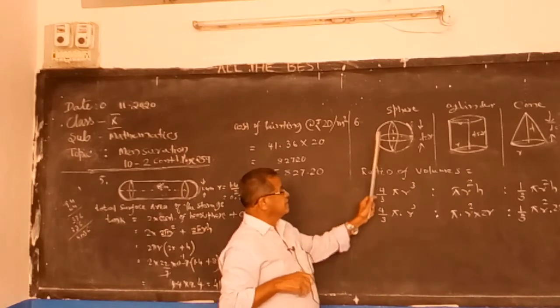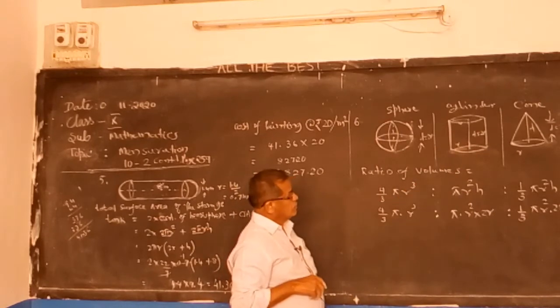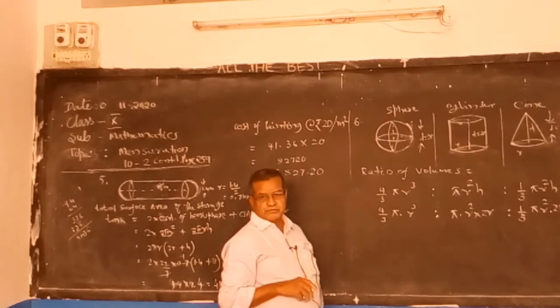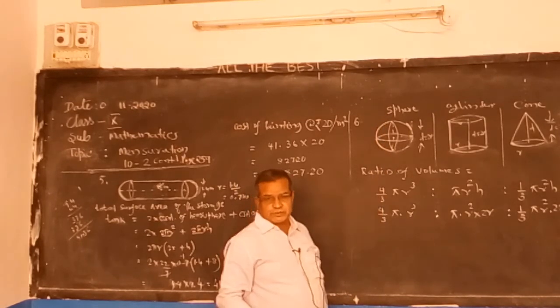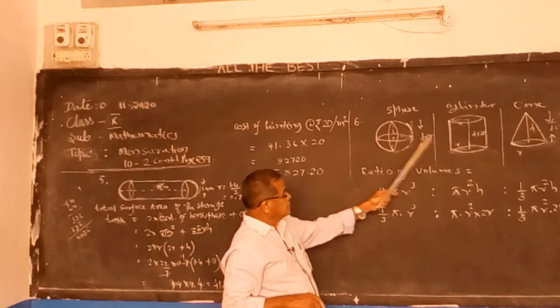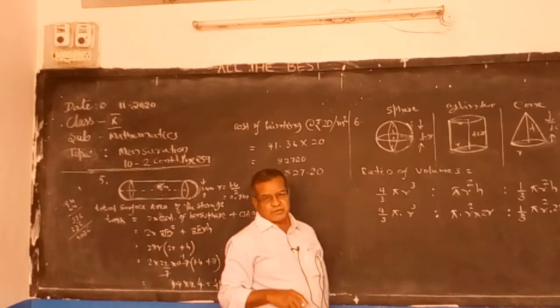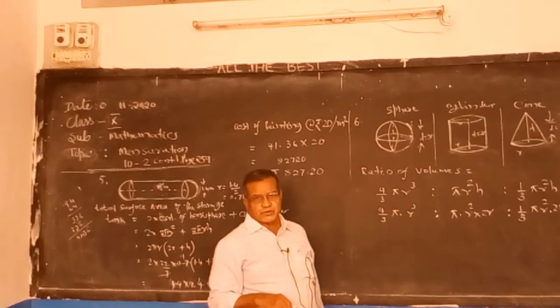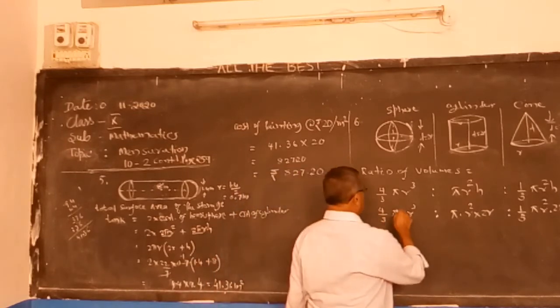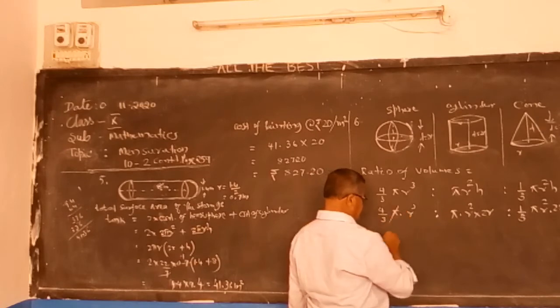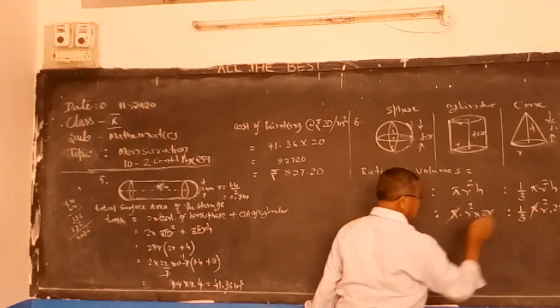Here the heights are equal. That is diameter. The height of the sphere is its diameter, which we are converting into radii, 2r. Now first of all, cancel pi.